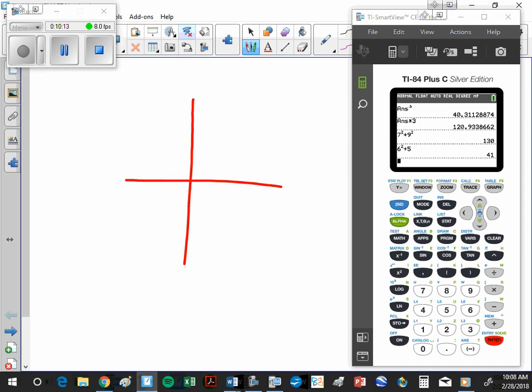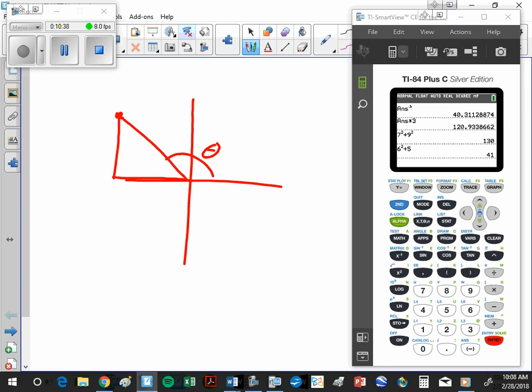In quadrant 2. So I'm right here. So that's my theta. Okay, and I know that the value of this point is what? Negative 5, 12. Why is it not 5, negative 12?